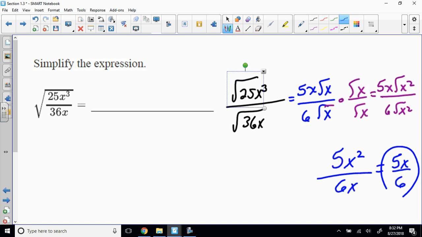Does it really change the value? Why? Why has rationalizing the denominator never ever changed the value of the overall number?